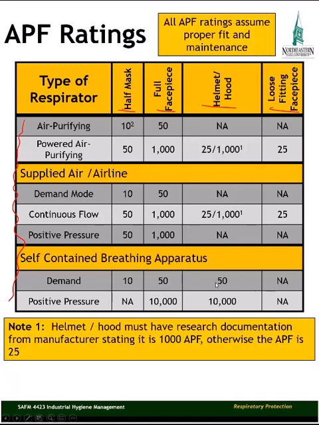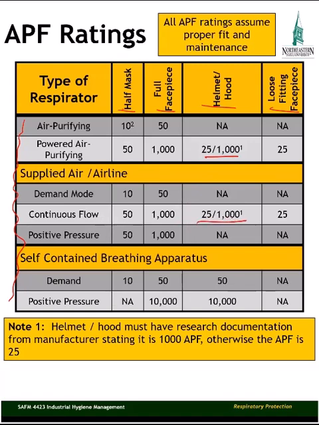There are a couple of notes here. Note 1, if you're using a helmet or a hood, you must have research documentation from the manufacturer stating it is 1000 APF. Otherwise, the APF is 25. And on the chart for the helmet and the hood, you have two numbers, 25 and 1000.